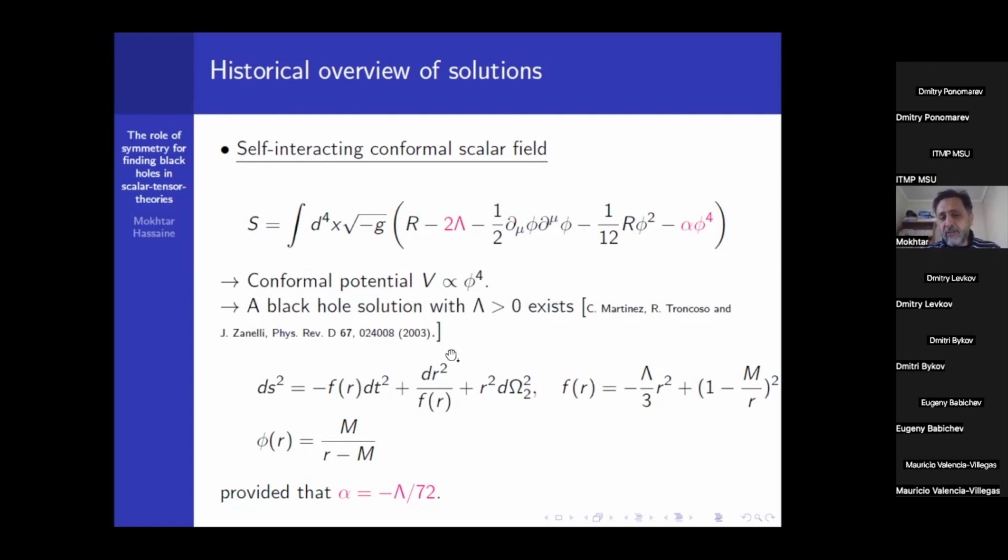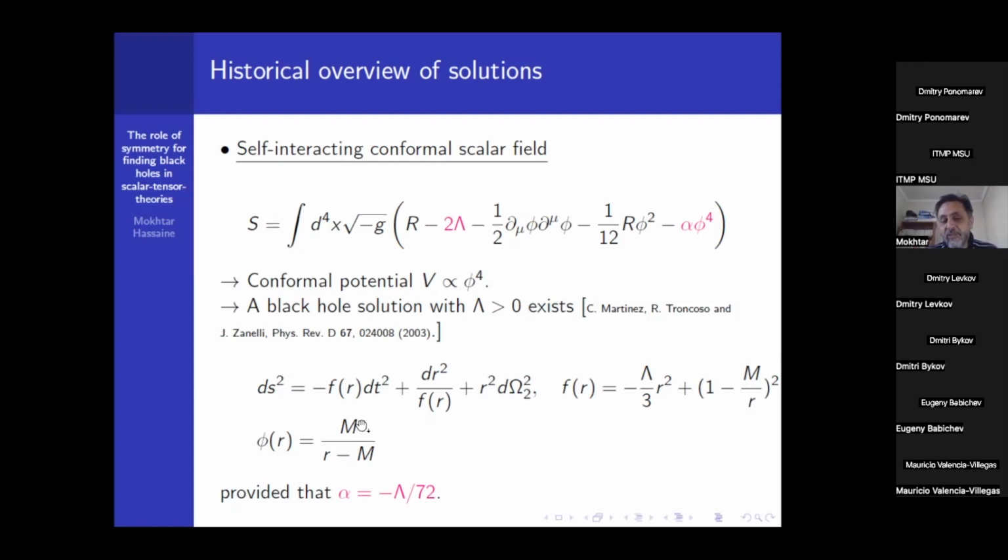That has been done by the Chilean collaborators Martinez, Troncoso, and Zanelli, and the metric is given by that. You can see that in order to have a horizon, lambda must be positive. But what is nice about this solution, answering one of your questions, is that now the horizon is not at r equal m. So the singularity, the blow-up of the solution, is inside the horizon.